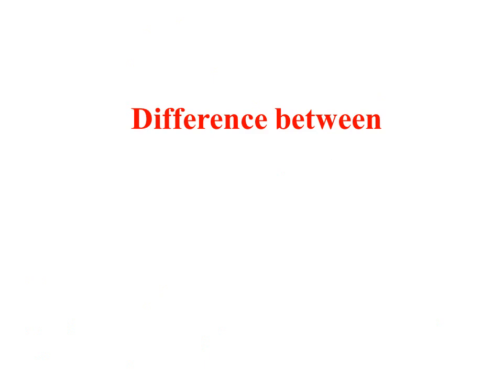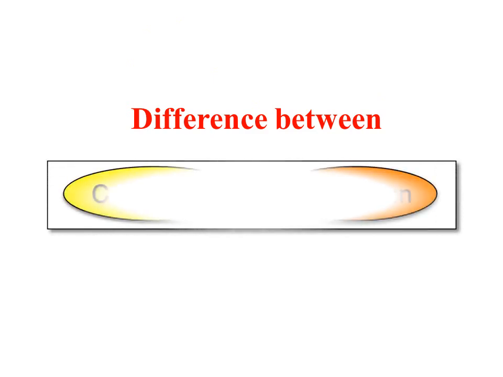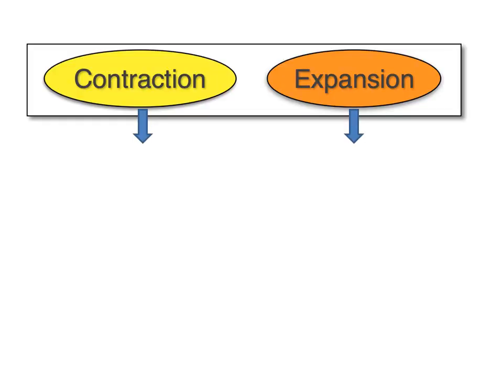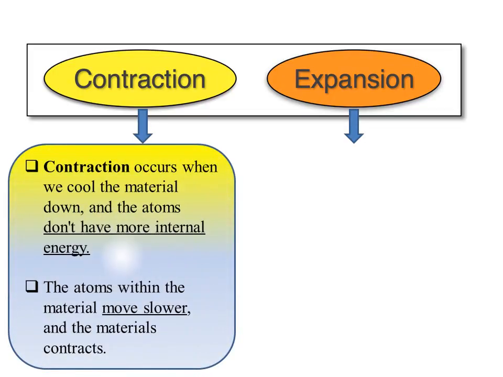Now, the difference between contraction and expansion. What is the main difference between these two processes? Let's see. Contraction occurs when we cool the material down, and the atoms don't have as much internal energy.